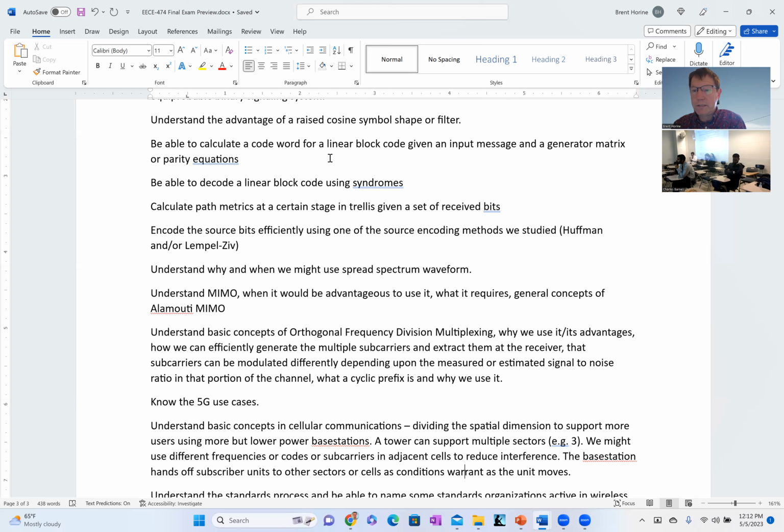So there we take our received vector, which we normally indicate by a lowercase r. So we are going to receive some code word, may or may not have errors in it, right? And we multiply that code word times H transpose. You can conceivably generate an H transpose given a generator matrix, right?